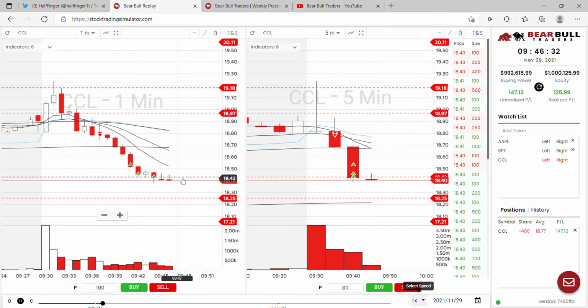So as you can see, we get these small wicks here, so it looks to me like there's no strength in this stock now. You get this big beautiful drop here, only red candlesticks, lower lows and lower highs. And the same here, you see lower high, lower low, lower high, lower low.